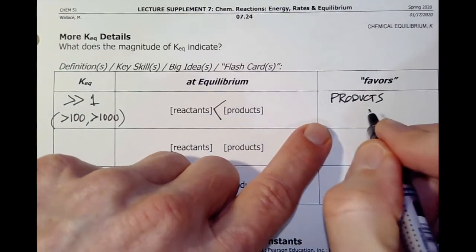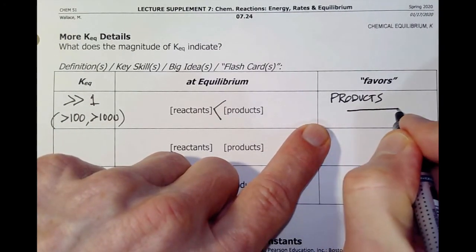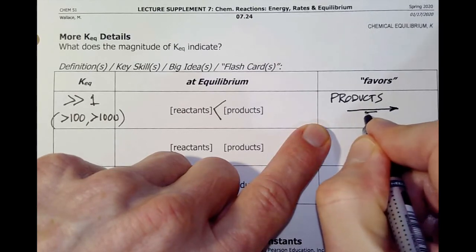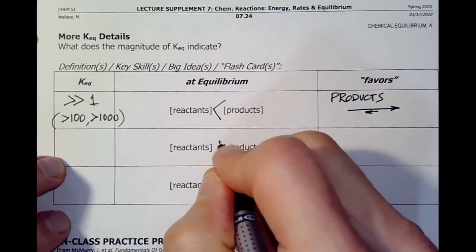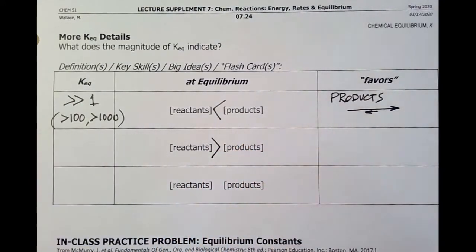And sometimes we draw a symbol like this. We draw that and that, sort of showing that it really goes a lot. Now we know there's some reverse reaction, but when this thing reaches equilibrium, it's really made a lot of products first. Well, the opposite case, what if reactants are much greater than products?